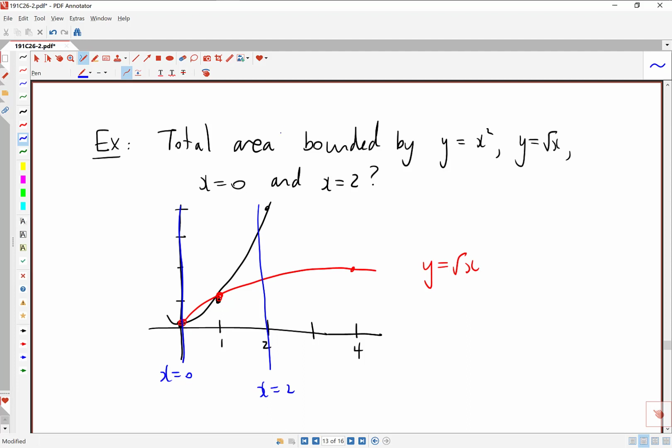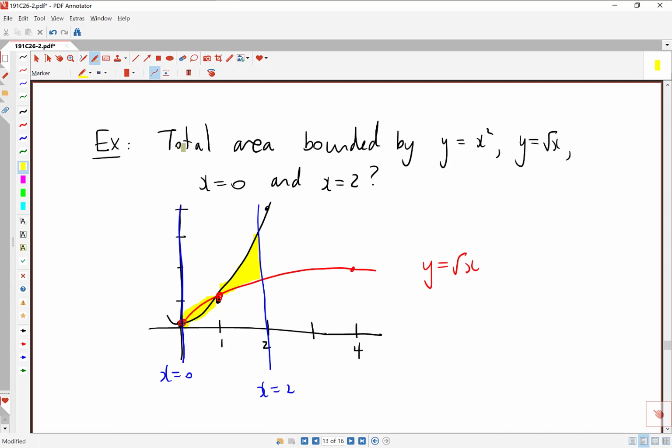And we're trying to find the total area between the parabola, the square root function, and these two blue vertical lines. Okay, so let's highlight the area. So part of it is in here, but there's another part of it which is lying just between those two curves.